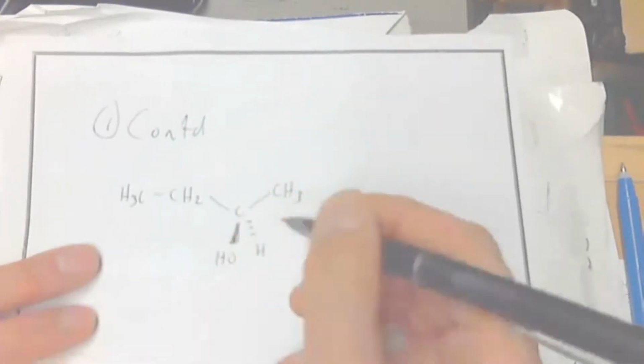Let's draw CH3, CH2, carbon, CH3. Let's make a hydroxy group, an alcohol. Chiral or not? Any predictions?